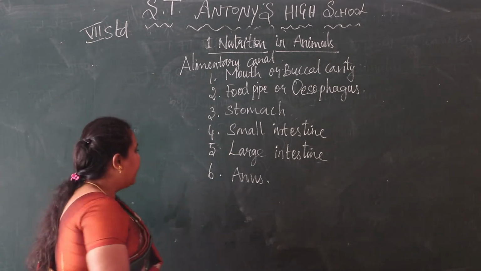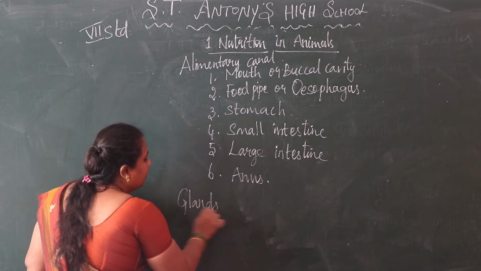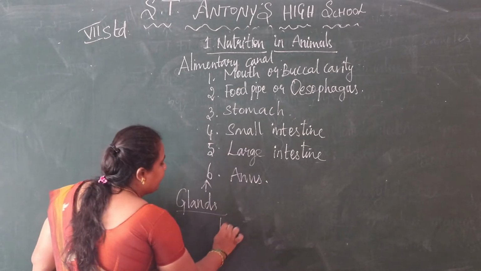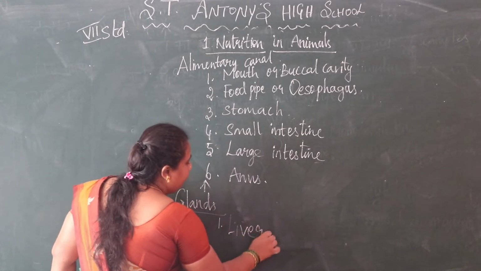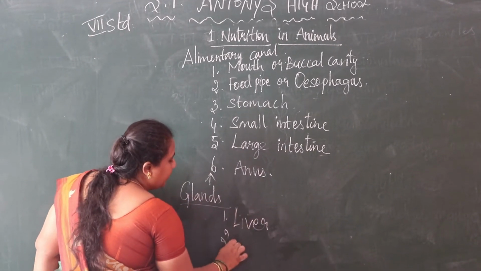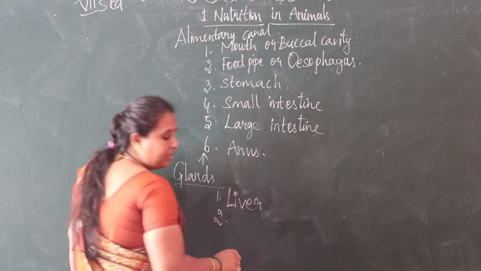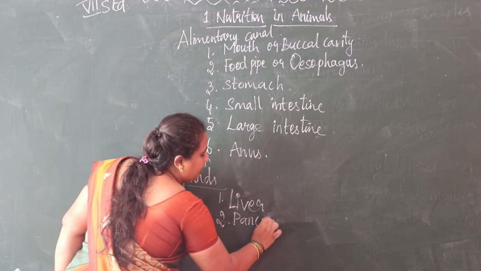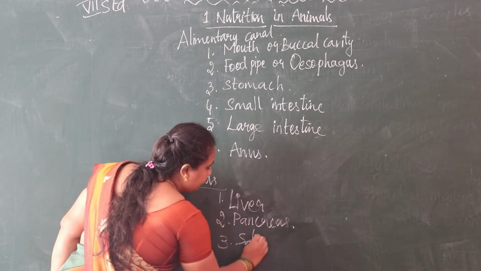The first one is liver, the second one is pancreas, and the third one is salivary glands.